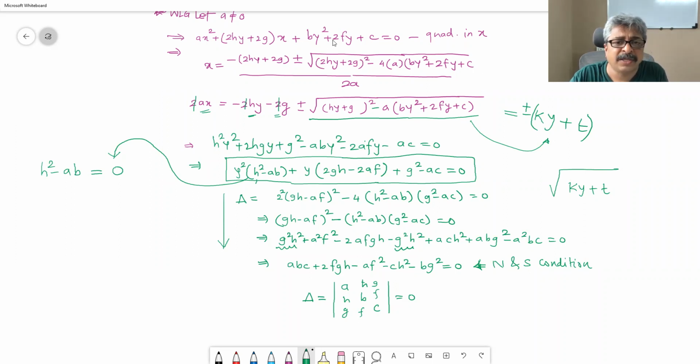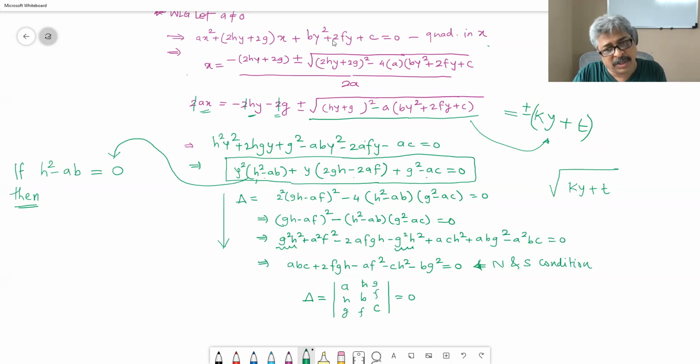So if H square minus AB is 0, and still we wish to get the quadratic equation as a pair of lines, then what must happen? Then and only then it will be a pair of lines. If H square minus AB is 0, then this coefficient also should be 0 and this coefficient also should be 0.